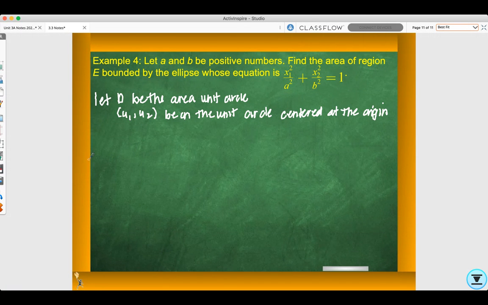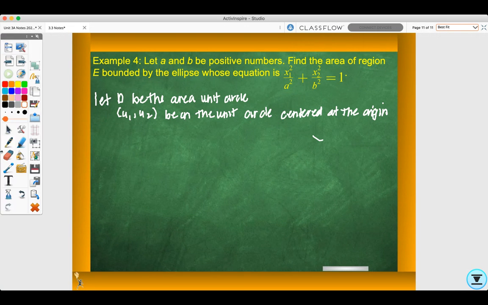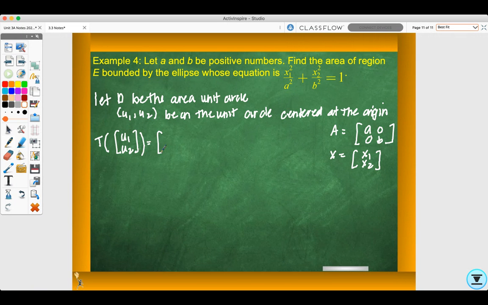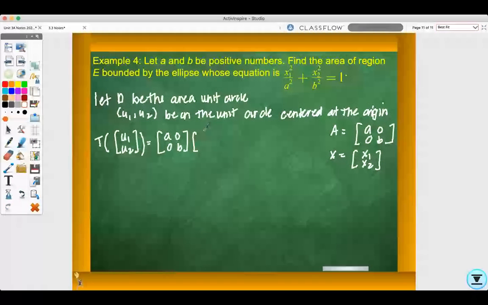So then we have A being [a,0;0,b], and x being x1, x2. So when we have our transformation of u1 and u2, that would be [a,0;0,b] times u1, u2 equals x1, x2.